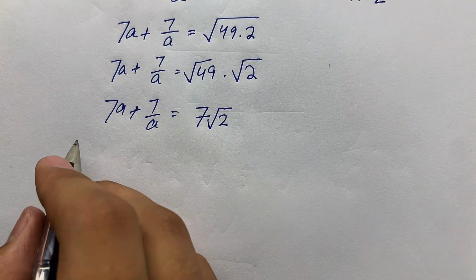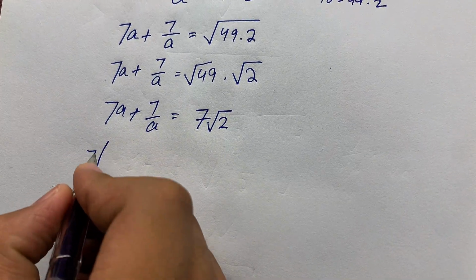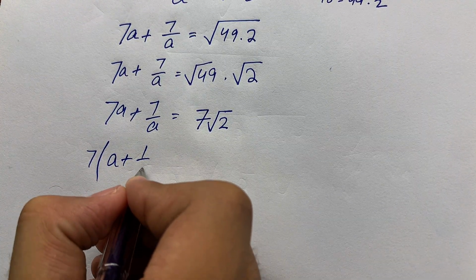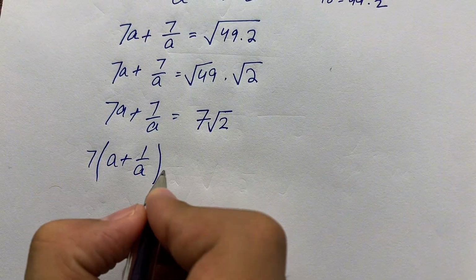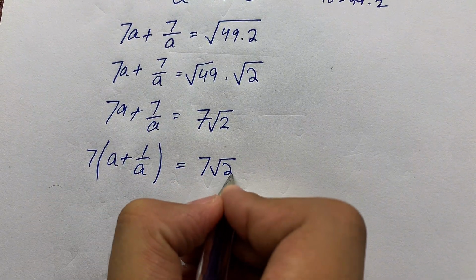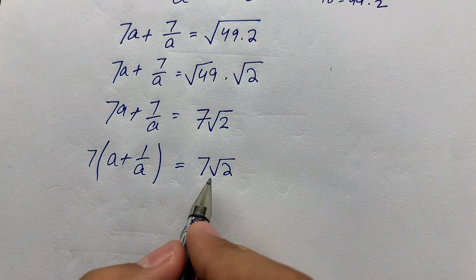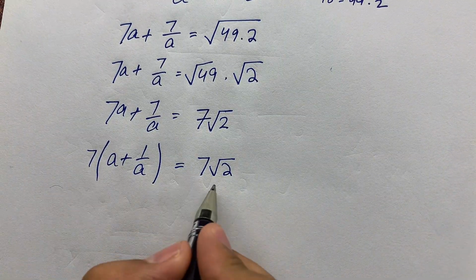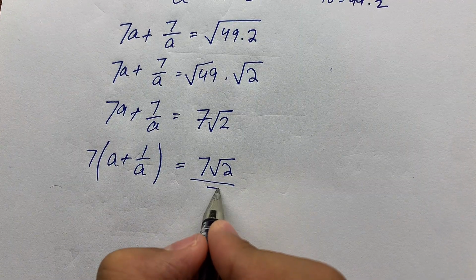In next step, 7 into a plus 1 divided by a is equal to 7 into under root 2 divided by 7.